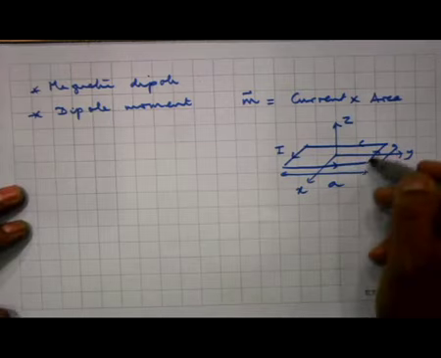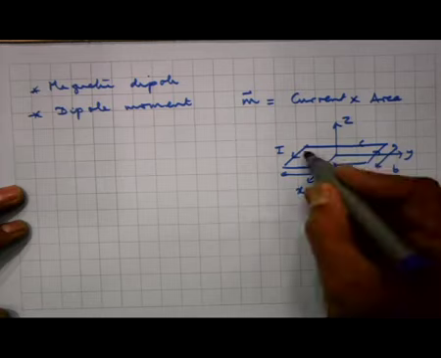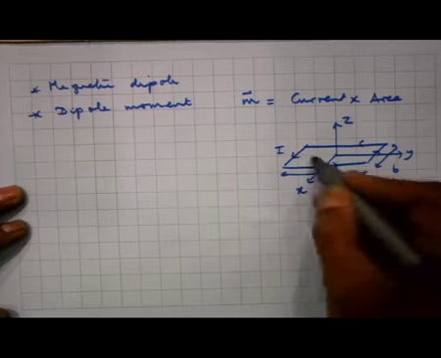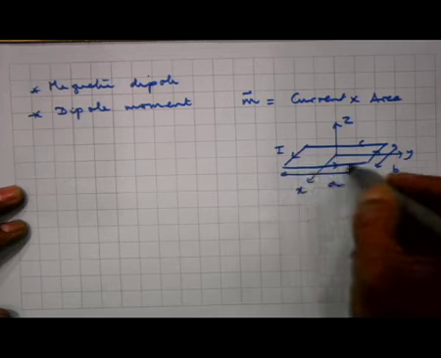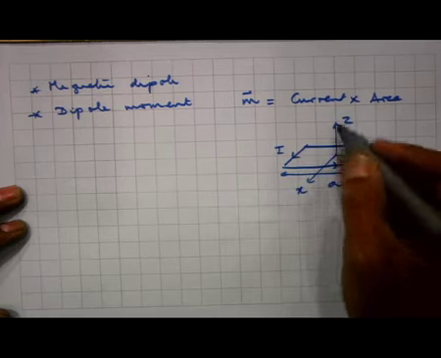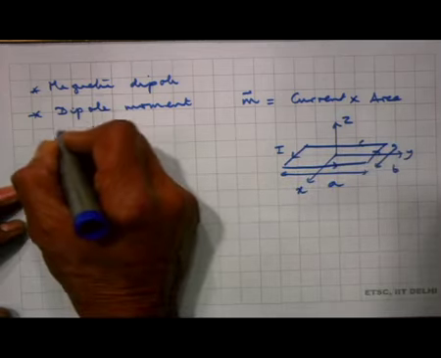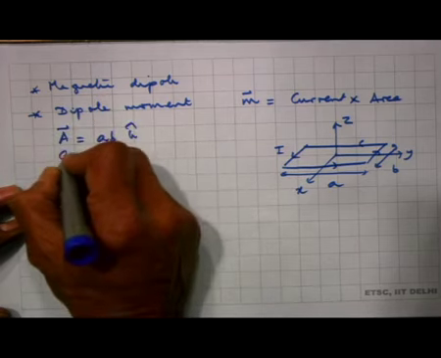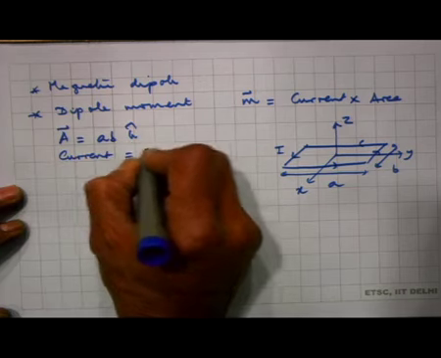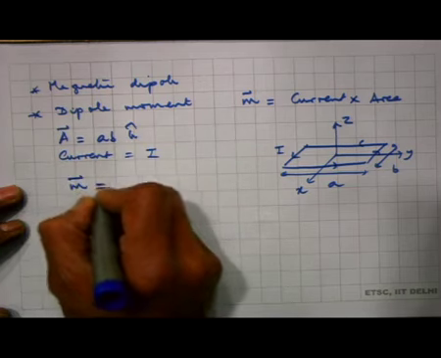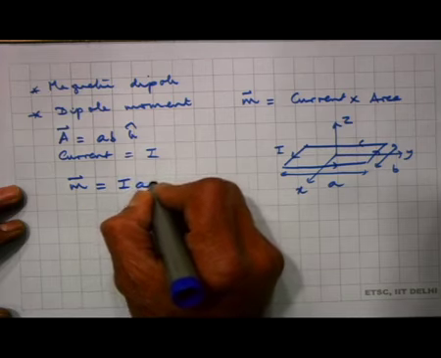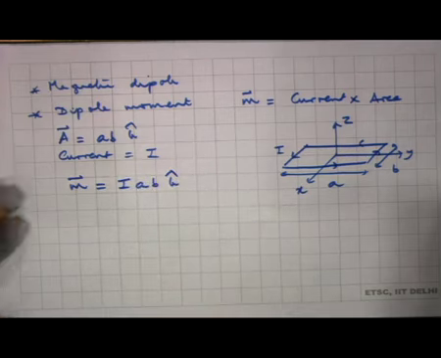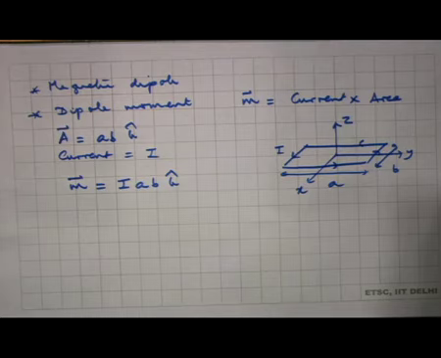Here if I use the right hand rule, this area vector has a magnitude, the area of this current loop, which is A times B, and according to the right hand rule its orientation is along the z axis. So, area of this will be A B k cap and current is I. So, for this current loop M vector, that is the magnetic dipole moment, is nothing but I A B times k cap.